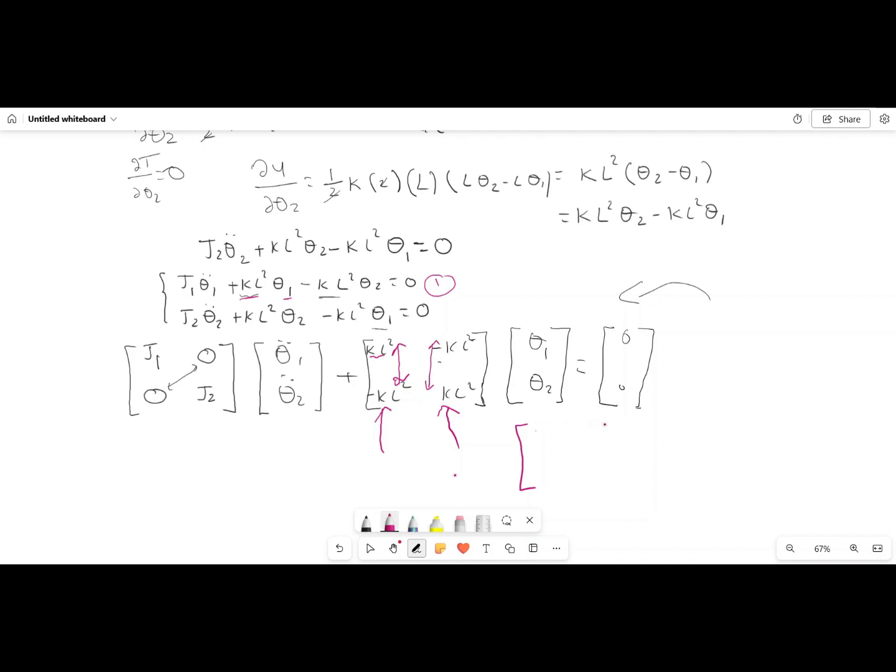Literally, guys, what he's saying is where you have theta 1 expression, you put it on top. Where you have theta 2 expression, you put it at the bottom. You can also come here and say, where I have theta 1, I put on top. Where I have theta 2, I put on bottom. You still get the same thing. Thank you, my brother. You actually gave me another way of doing this.